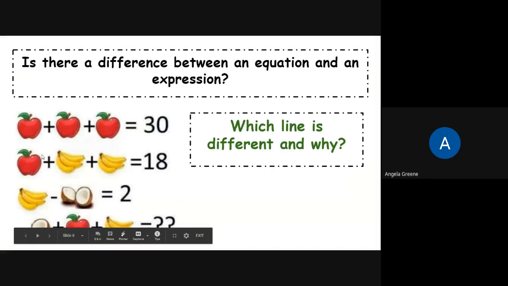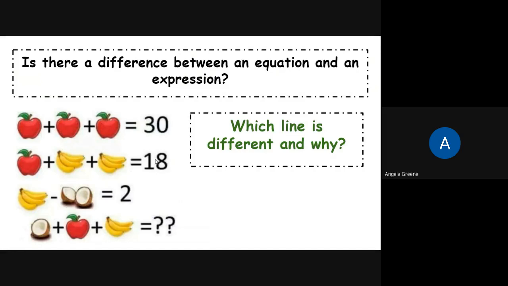So now if I know this value is 10, 10 plus this chunk of bananas plus this chunk of bananas is 18. So if I take the 10 away from the 18, then that leaves me with 8. So this chunk plus this chunk is 8. 8 divided by 2 leaves me with 4. So now this chunk of bananas has a value of 4.